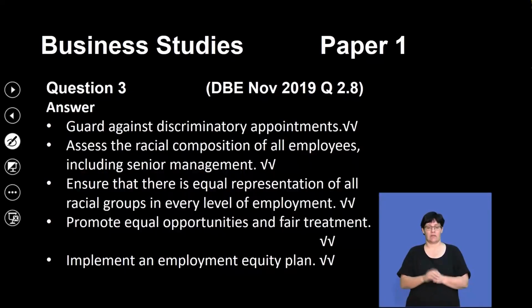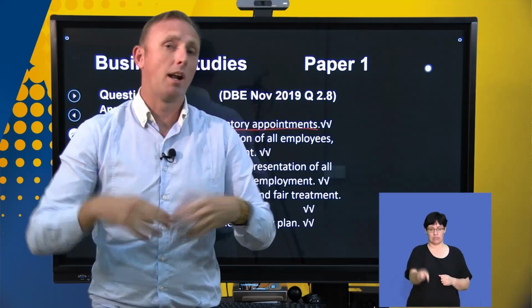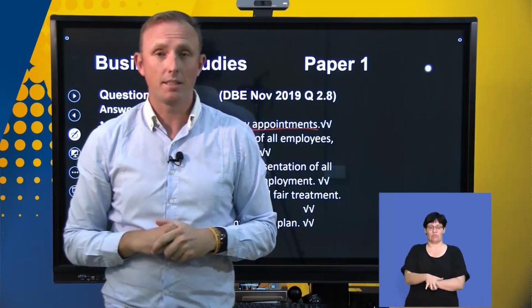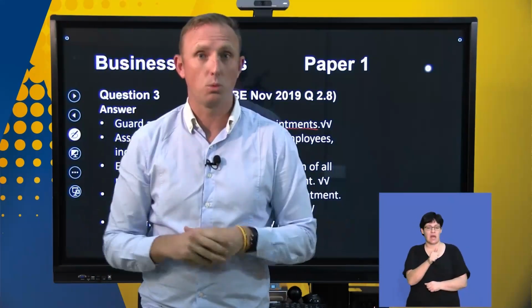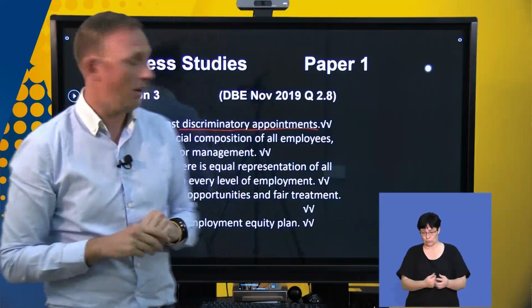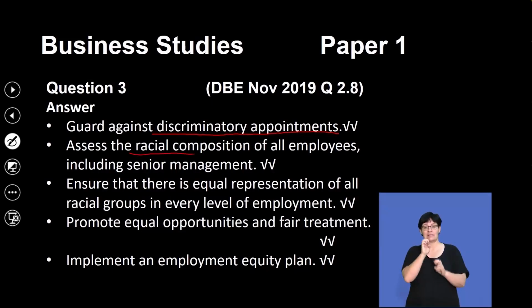Firstly, you have to guard against any discriminatory appointments. You cannot employ someone because you've discriminated against someone else, no matter what the grounds are. And we have to assess the racial composition of all employees, including senior management.